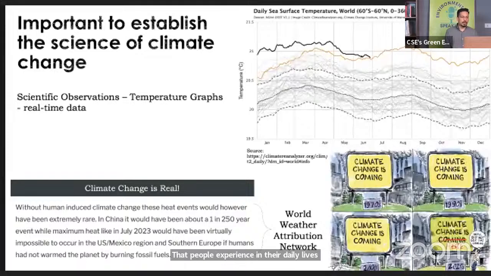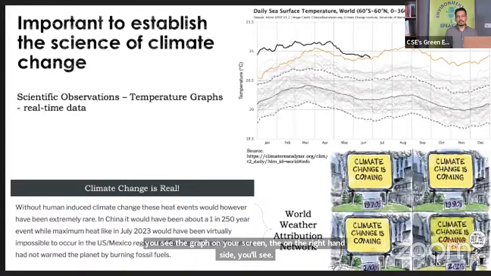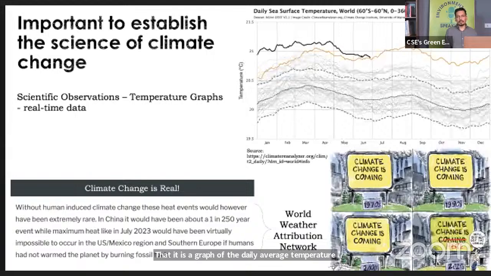If you see the graph on your screen, on the right-hand side, it is a graph of the daily average sea surface temperature, and for over 400 days the temperature has been higher than what it was a year ago for the same day.